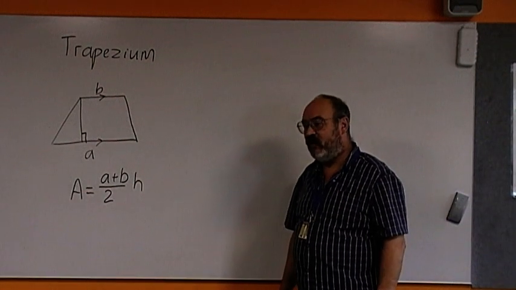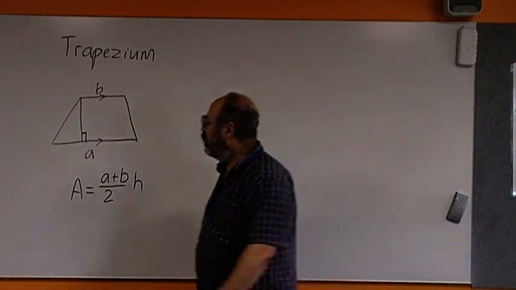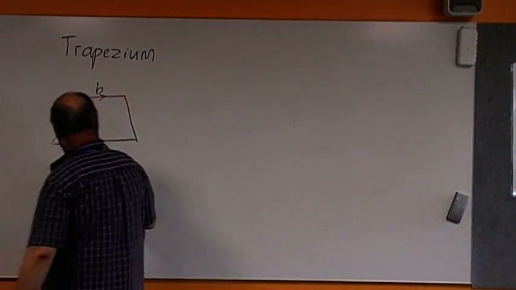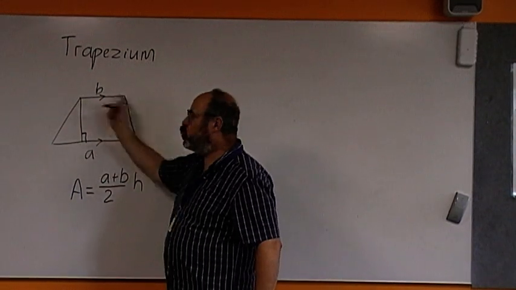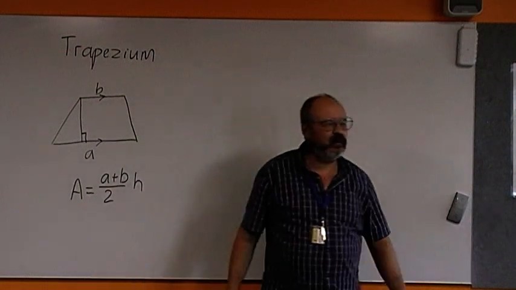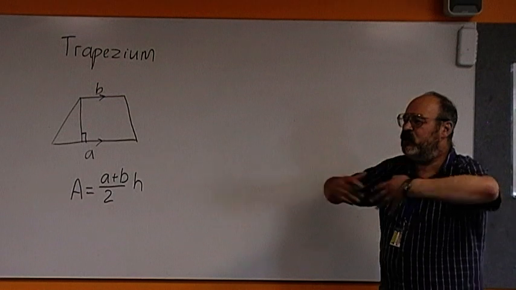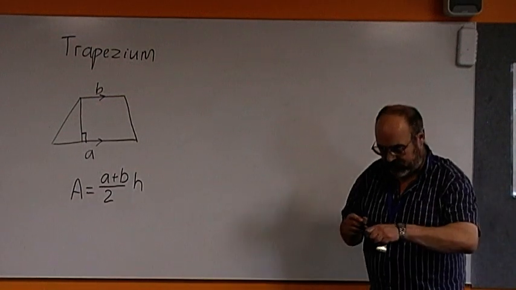You can think about how it can be derived. I'll give you a hint. A is the longer parallel side, B is the shorter. When we take two numbers, add them and divide by 2, what do we find? The average between them.